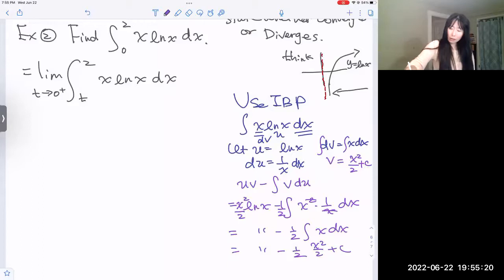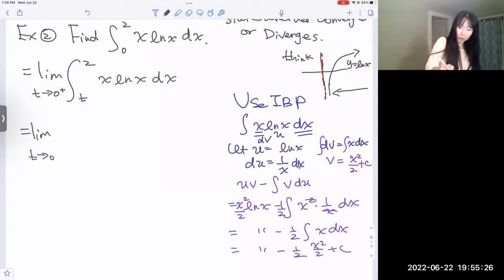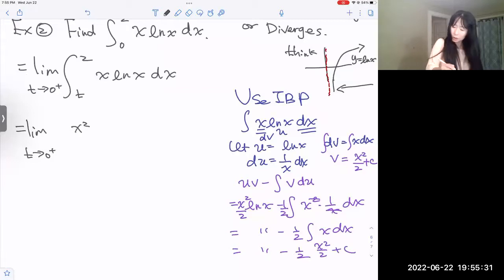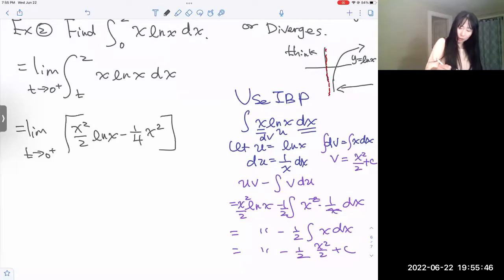Now, let me write down everything here. We will have the limit as t approaches 0 from the right of x squared over 2 ln x minus 1/4 x squared. I did not make a mistake, right? So we're going to evaluate from t to 2.